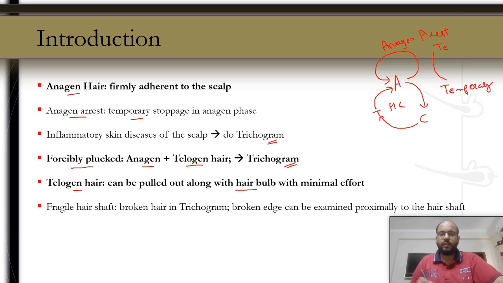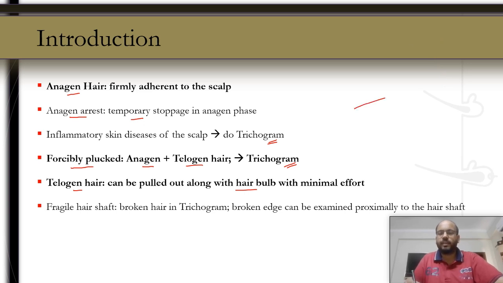If I draw a very simplified diagram of a hair shaft: this is the hair ostia, this is the hair shaft and this is the bulb. So in anagen, this bulb is firmly adherent to the surrounding dermal mesenchymal tissue. If you pull out the anagen shaft forcibly, the bulb most of the time is going to stay inside the scalp.